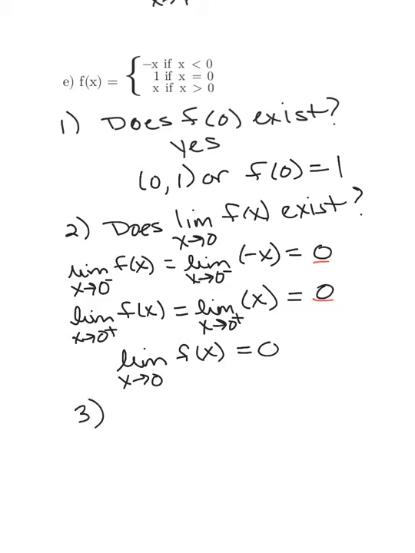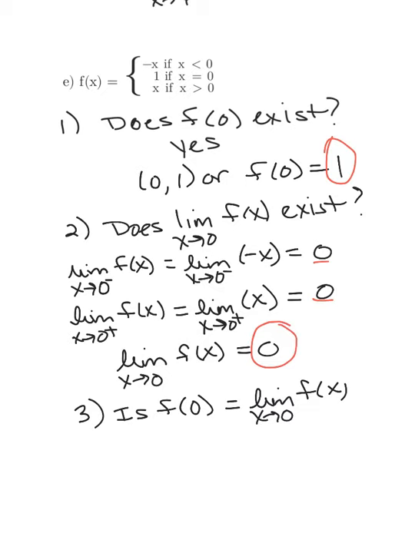Question 3 asks us, is f of 0 equal to the limit as x approaches 0 for this function? Well, go up to step 1. The value of our function is 1. In step 2, the limit of our function is 0.